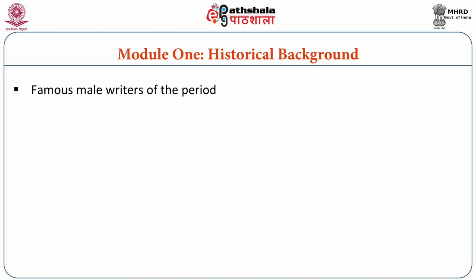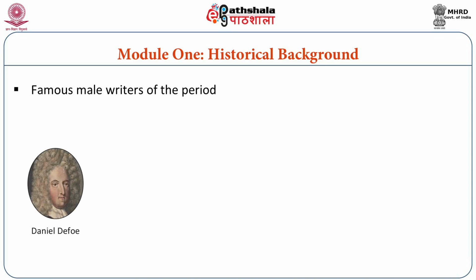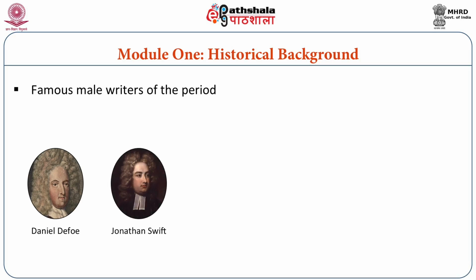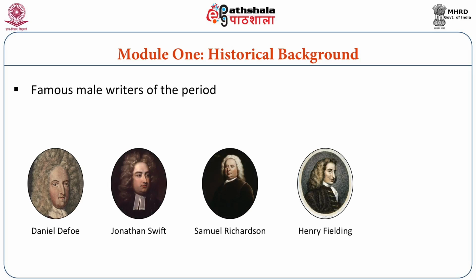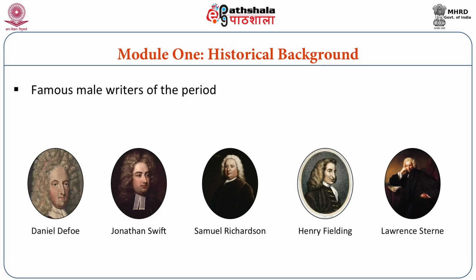Several writers epitomize the depth of novel writing during this period. Amongst them are Daniel Defoe, who wrote Robinson Crusoe, Jonathan Swift and Gulliver's Travels, Richardson, who wrote Pamela and Clarissa, Fielding, who then wrote Joseph Andrews, and Lawrence Sterne, who wrote Tristram Shandy.